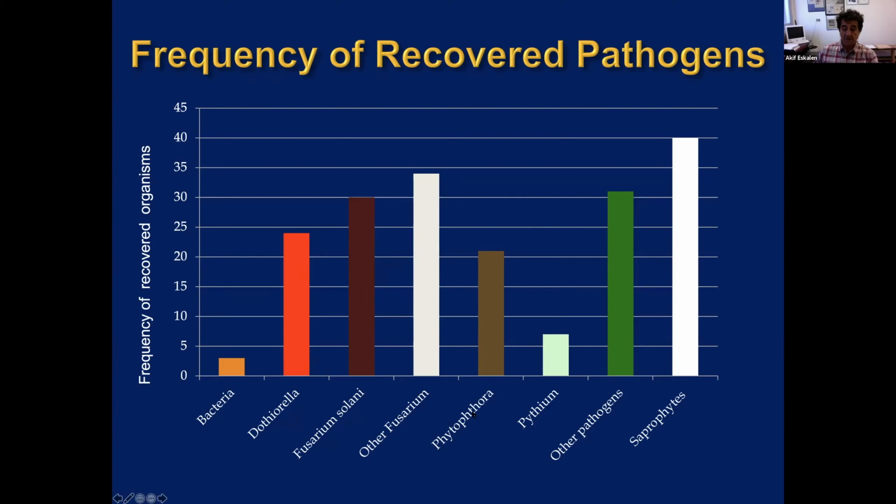Phytophthora was involved, sorry, Pythium and other soil-borne pathogens, and we got a lot of saprophytes. So the results show that even though Fusarium solani is the primary pathogen, other pathogens could also be contributing to this dry root rot problem in California.